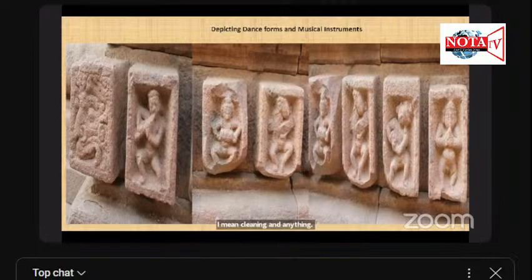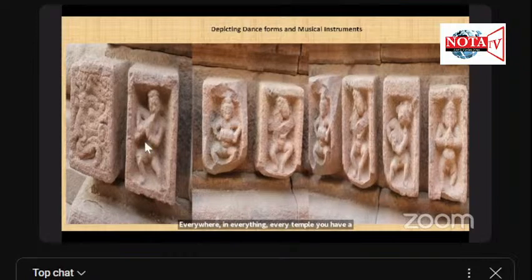In most of the temples, you can see that this music and dance became part of the temple traditions. So we find all these things here in this sculptural art. In every temple you have a panel where you have these types of sculptures.